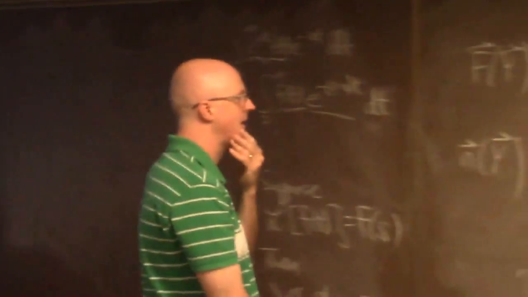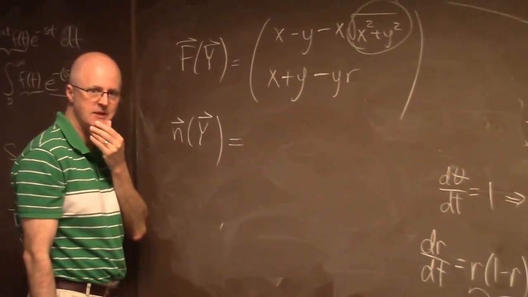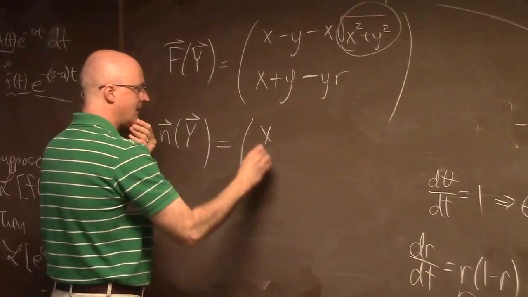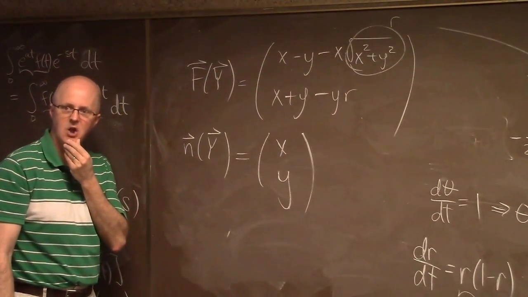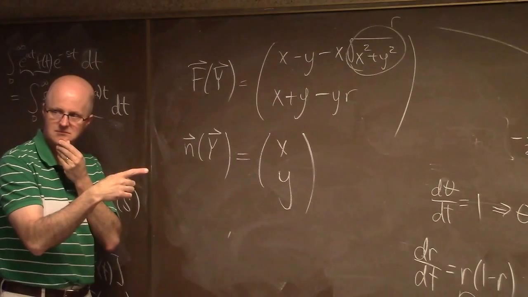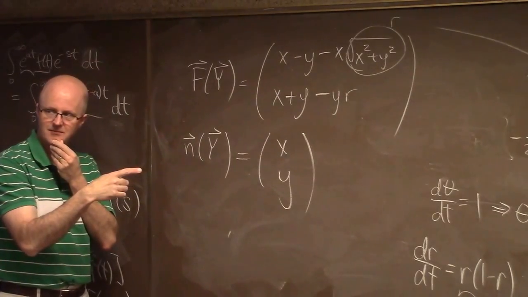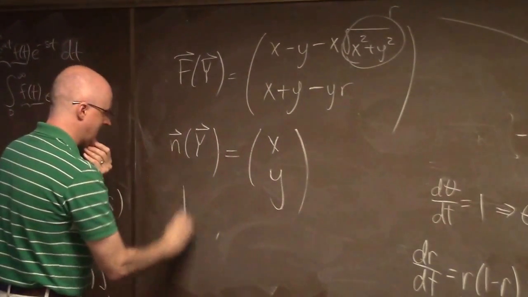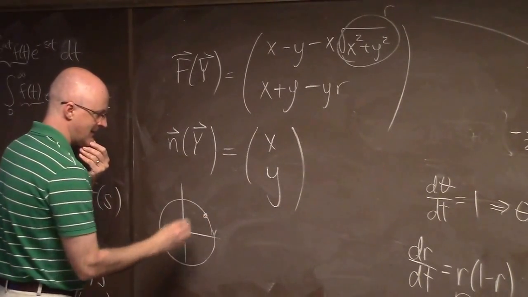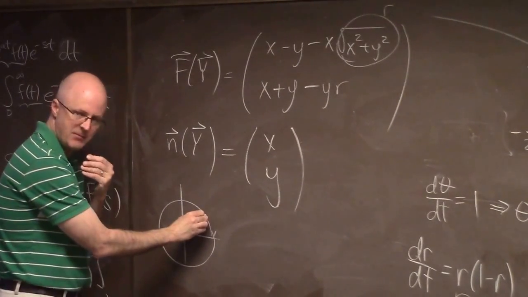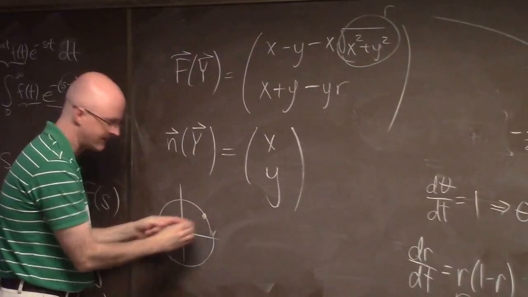What would be an example of a normal vector here, say an outward pointing one? It's simpler than you might think. There is an outward pointing normal vector along the outer circle. At any point x, y along the outer circle, draw the position vector for that point, except based at that point instead of at the origin.